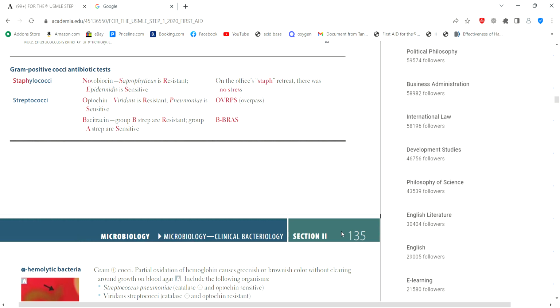Viridans is resistant. So if you remember the Sketchy video, with optochin, his chin was covered. The guy on the whatever animal it was, covered. I just remember this as viridans, like mitis and mutans.